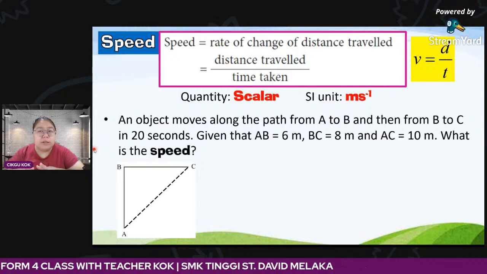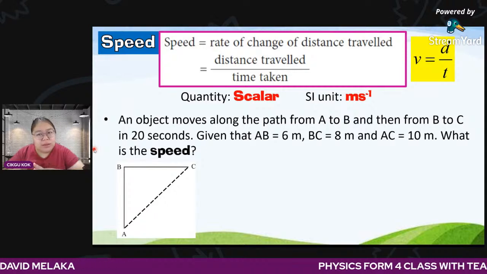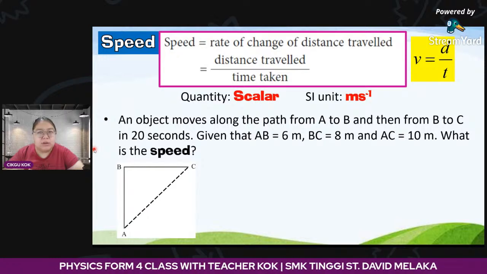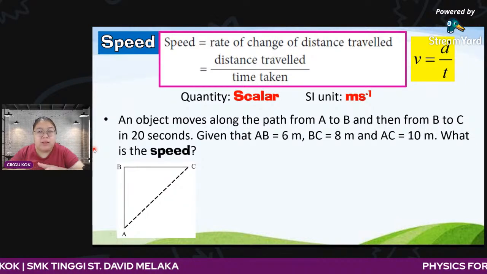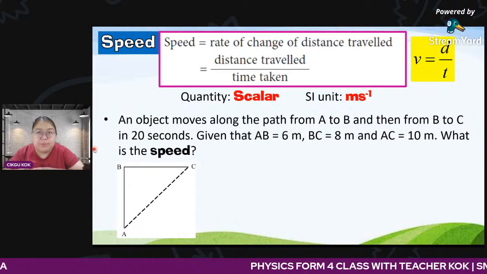When I mention speed, that means we're using distance. So Si Liang, tell me whether you're using 10 meters or 6 plus 8. Yanzi also answers 0.7 already. So I think the students also understood. When I mention speed, you must say rate of change of distance, so we're using distance, not displacement.